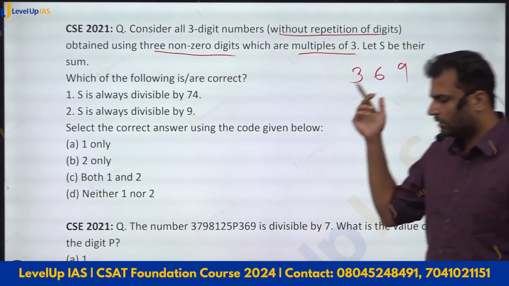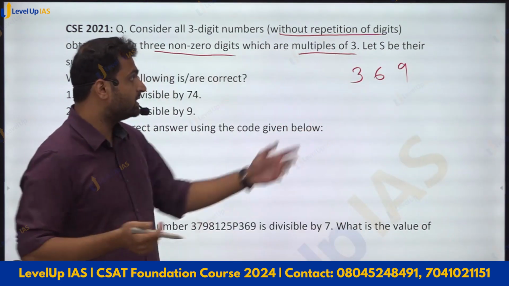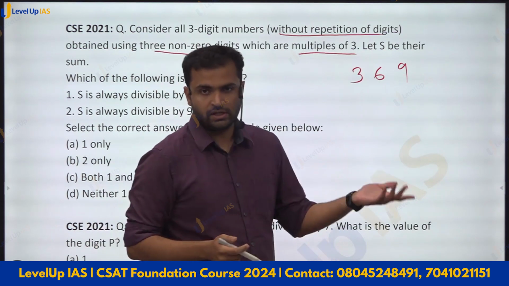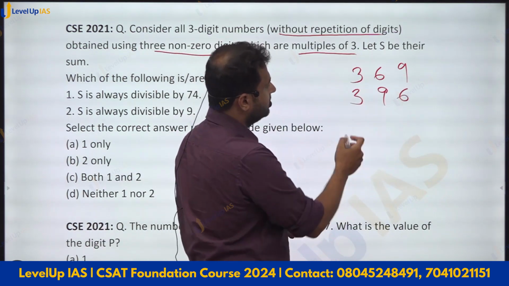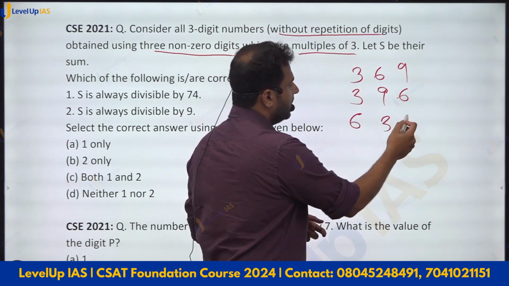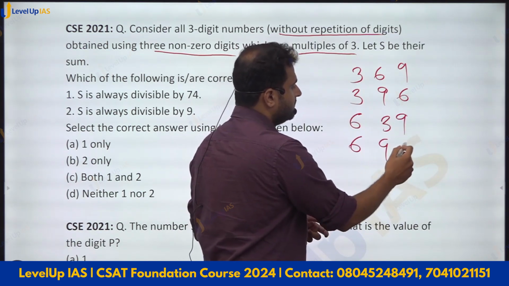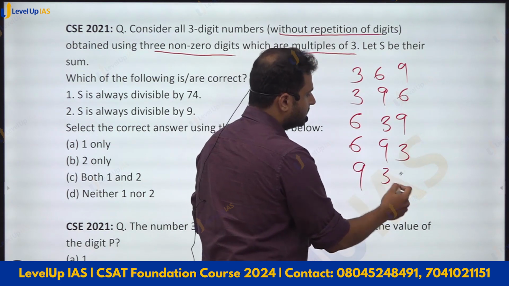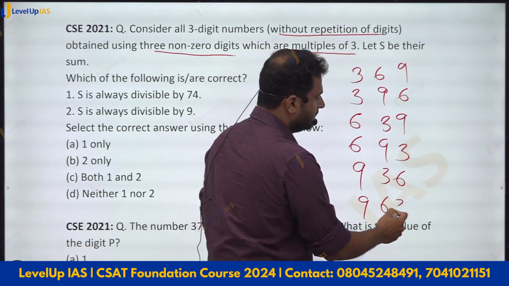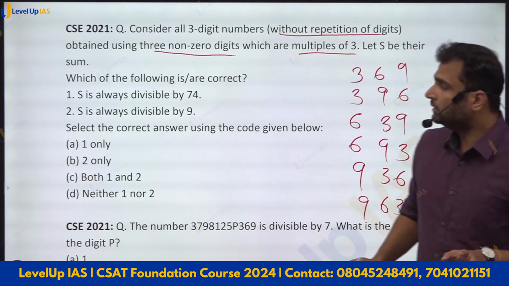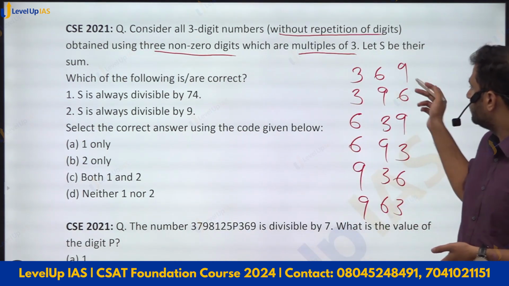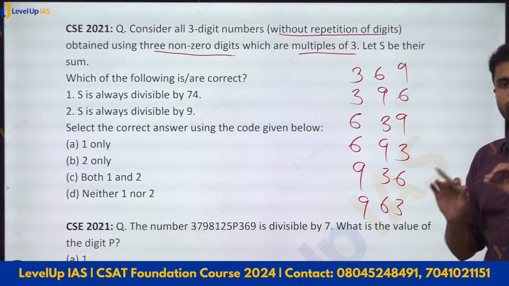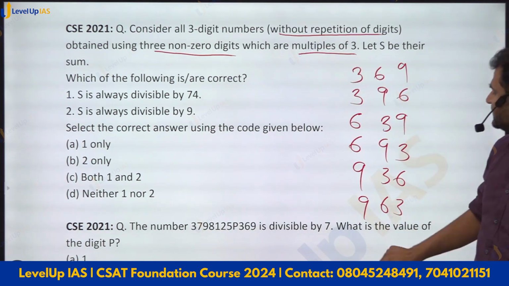So how many numbers are possible? We can simply see that. Let us first fix 3, then 3, 9, 6, then 6, 3, 9, 6, 9, 3, 9, 3, 6, 9, 6, 3. These are all the 3-digit numbers that are possible from 3, 6, 9, such that there is no repetition, and S is their sum.